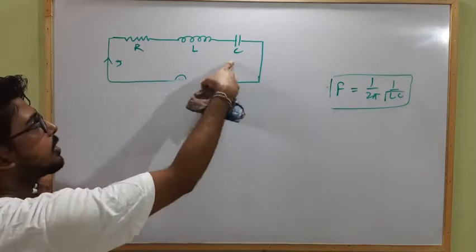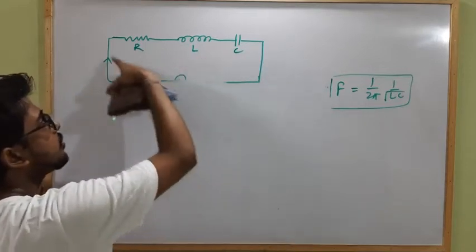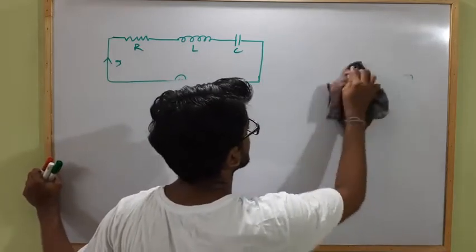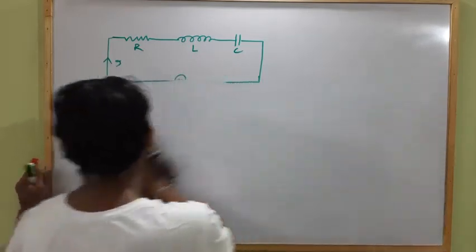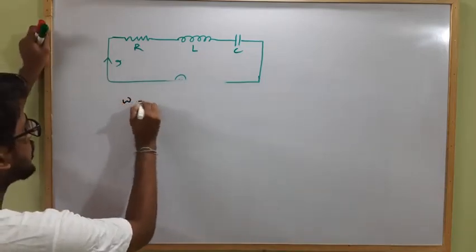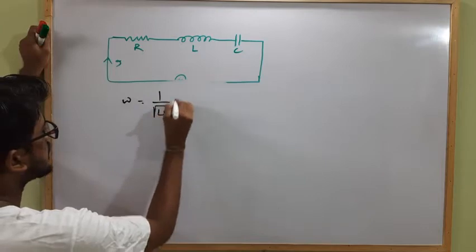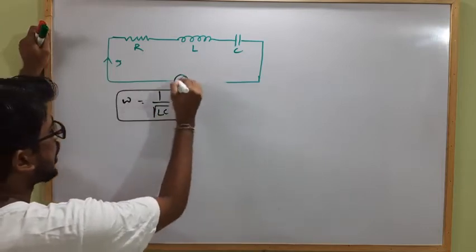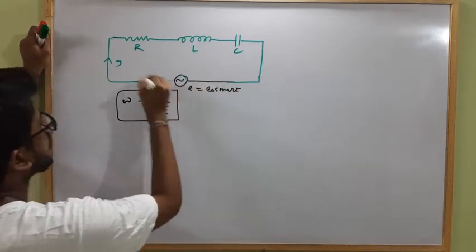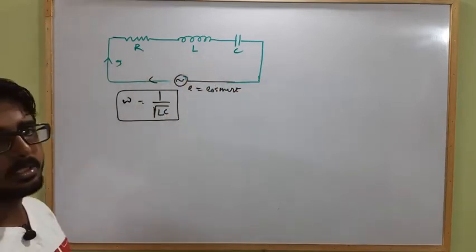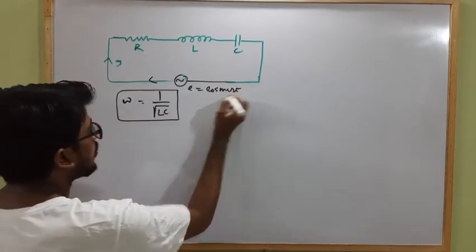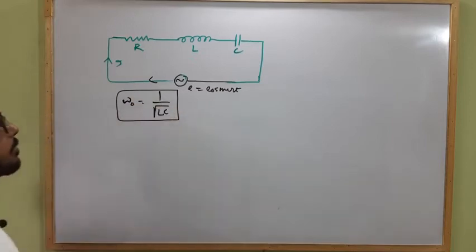So according to the values of L and C we can find the natural frequency of the LCR circuit. If the source is able to provide a frequency omega equal to 1 by the square root of LC, then for the source E equal to E naught sin omega t, the current will be maximum and it will become a resonance circuit. Clear?